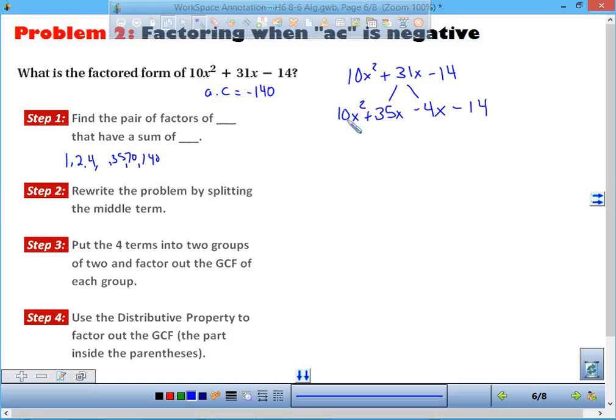So now I find the GCF of my first two terms. I can take out a 5, and I can take out an x. So 10x squared divided by 5x is going to leave me with 2x plus 35 divided by 5, which is 7. X divided by x cancels it out.